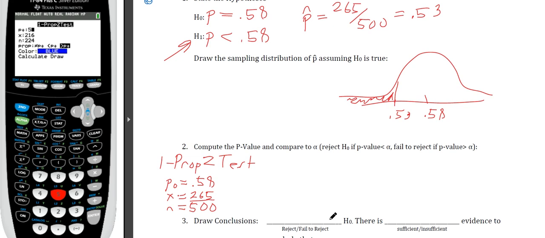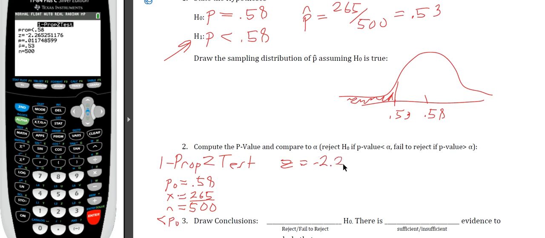And then what we're looking for is less than p sub 0. So 0.58, 265 out of 500. We want less than that, so we want to make sure that second one is highlighted, and we calculate. We get a z-score of negative 2.27.